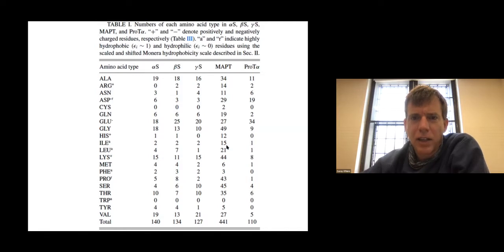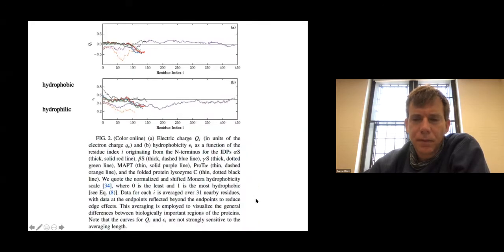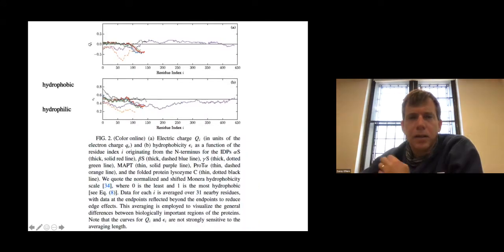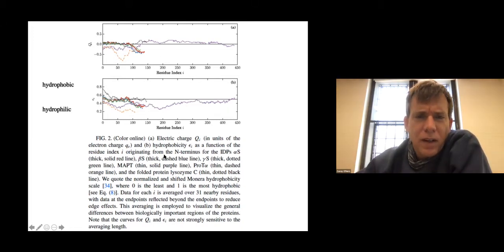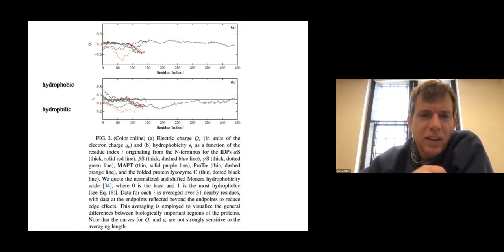I'll highlight that content basically now. To talk about their amino acid content, I'll talk about their charge and their hydrophobicity. So the charge is Q sub i and the hydrophobicity is epsilon sub i. And I'll do that by contrasting it with a folded protein.